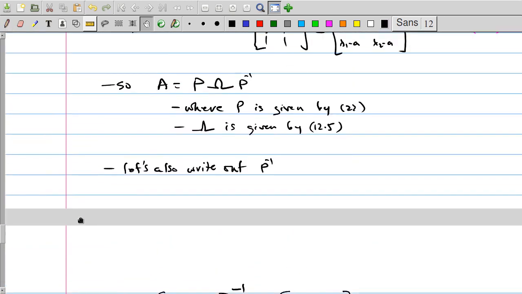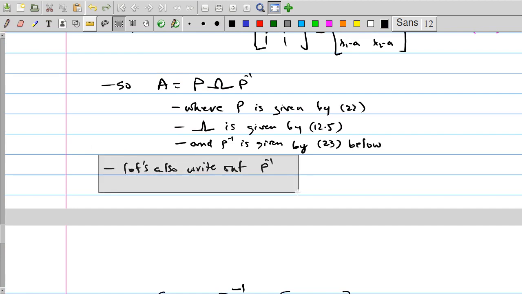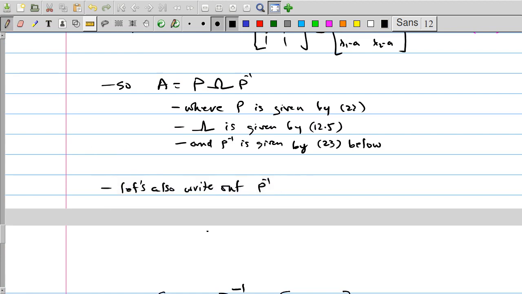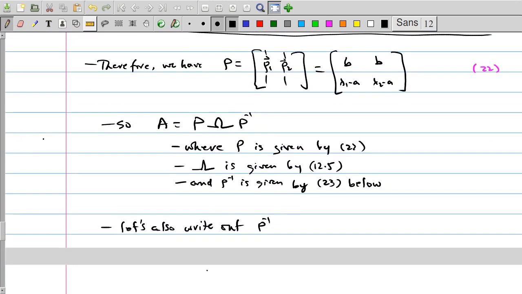And P inverse is given by 23 below. It's 22.5 here.